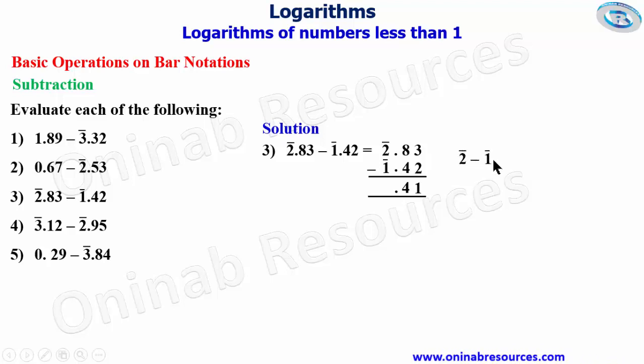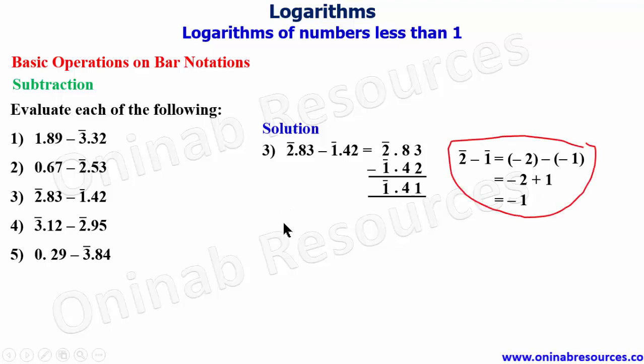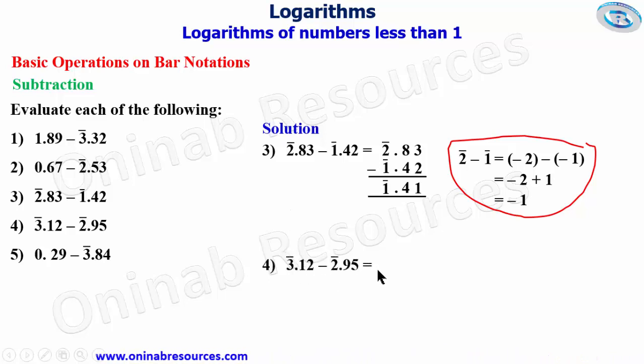So we have bar 2 minus bar 1. That's going to give us negative 2 minus negative 1. Removing this bracket, I have negative 2 plus 1. That gives negative 1. So bringing it here, it becomes bar 1. That's all for problem 3. We go to problem 4.